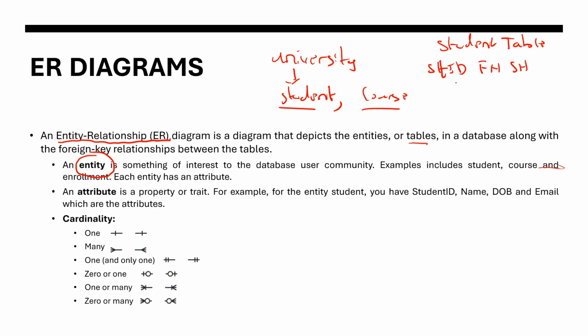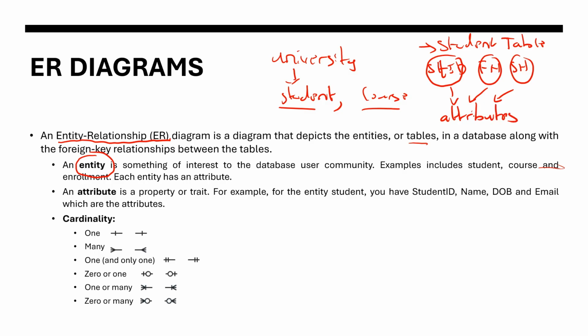These different columns that you have for this entity, these columns are referred to as attributes.